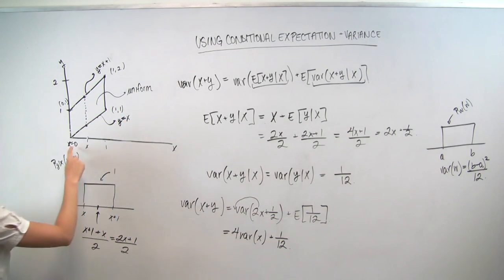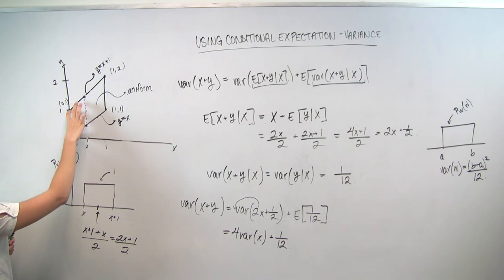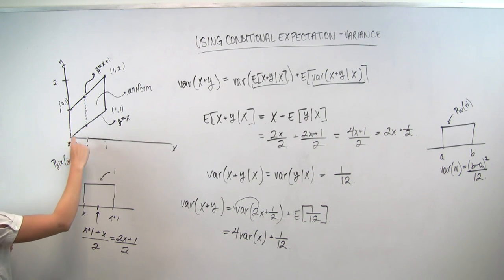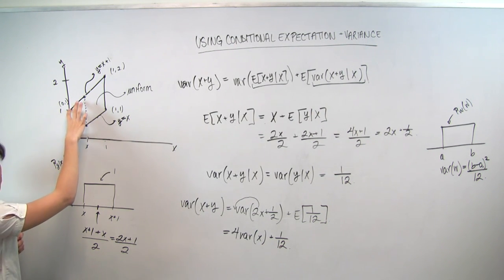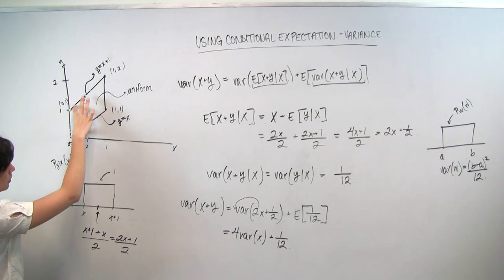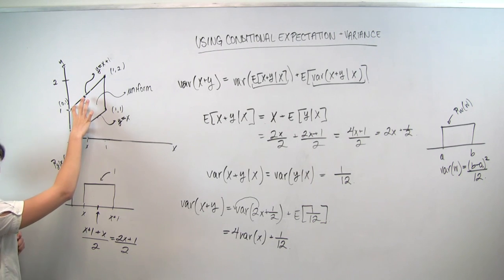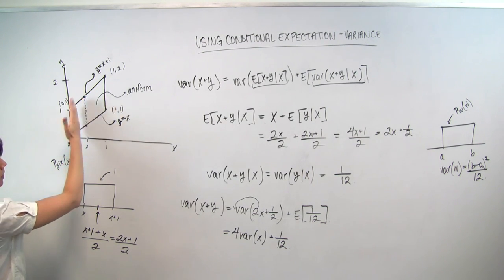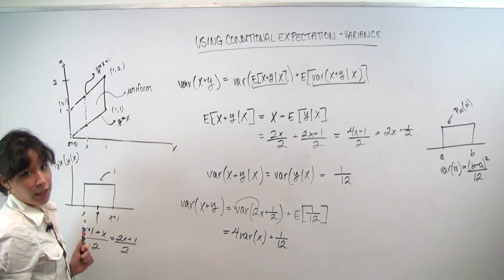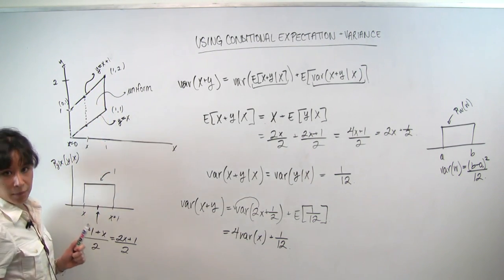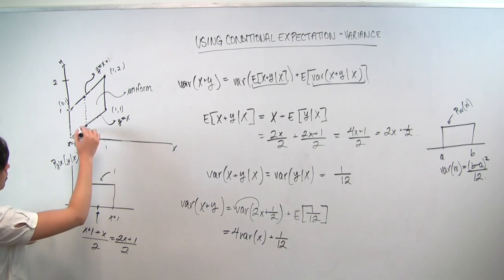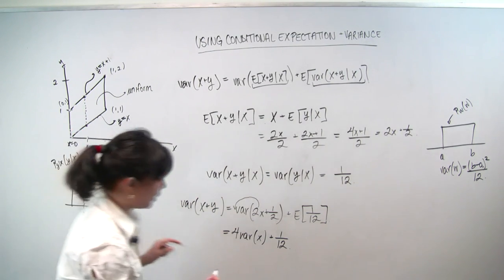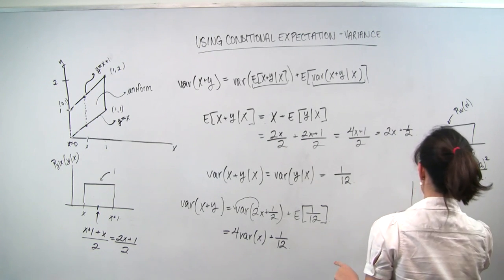So if you freeze x equal to 0, you get the probability density of x by integrating over this interval, over y. If you integrate over this strip, you get 1. If you move x over a little bit and you integrate over this strip, you get 1. This is the argument I was making earlier, that the width of this interval stays the same and hence the variance stays the same.